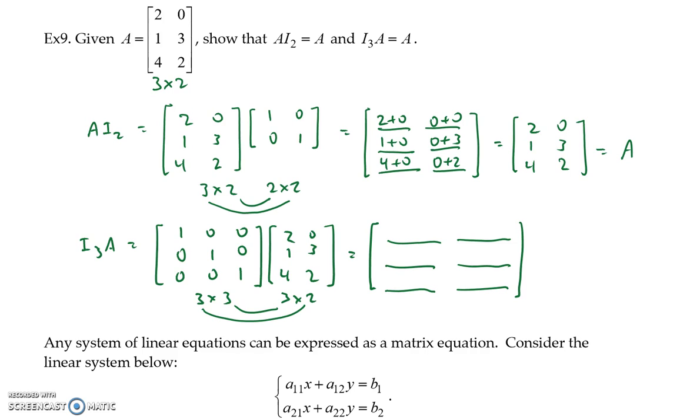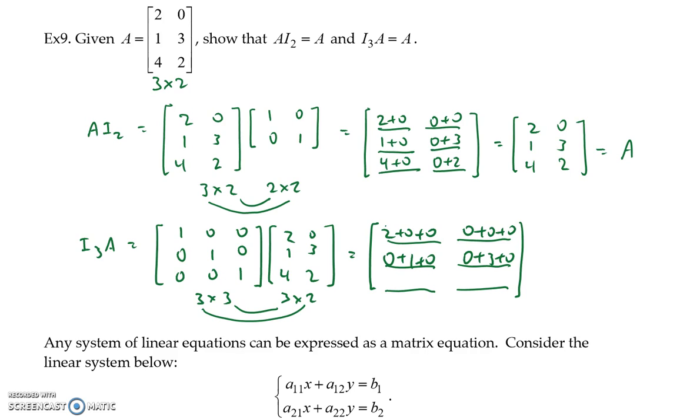If we take row 1 of I times column 1 of A, we get 2 plus 0 plus 0. Row 1 with column 2, 0 plus 0 plus 0. Row 2 with column 1, 0 plus 1 plus 0. Row 2 with column 2, 0 plus 3 plus 0.